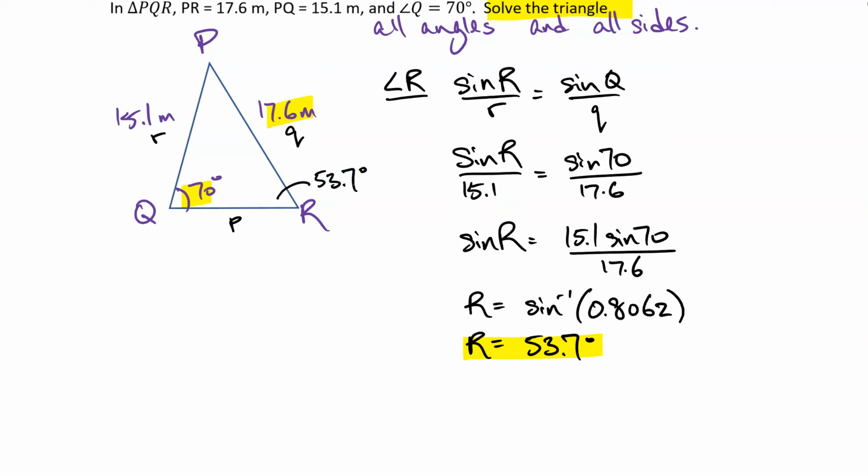All right, so, here's the thing. If we've got Q and we've got R and you're looking at a triangle, then the angle sum of a triangle, any triangle, is 180 degrees. So let's try to figure out P right now.